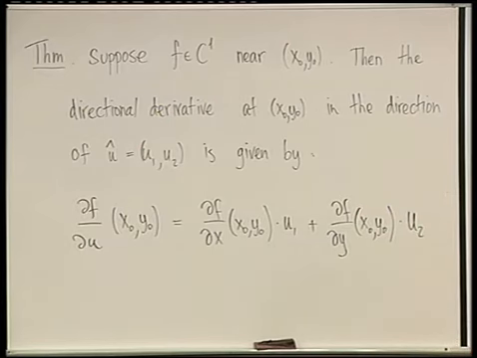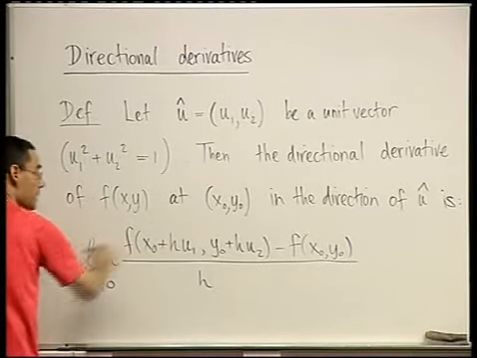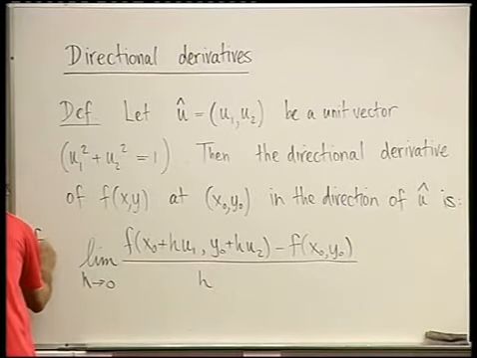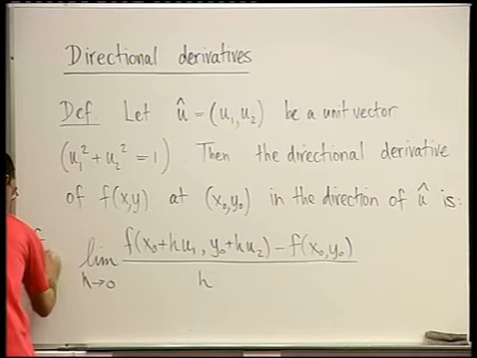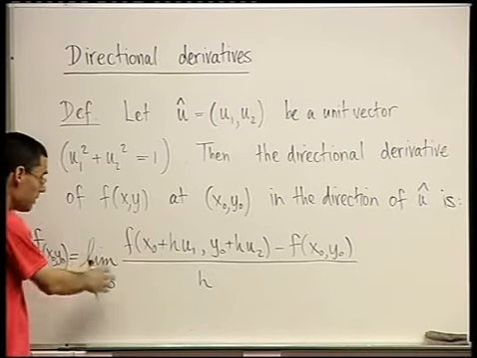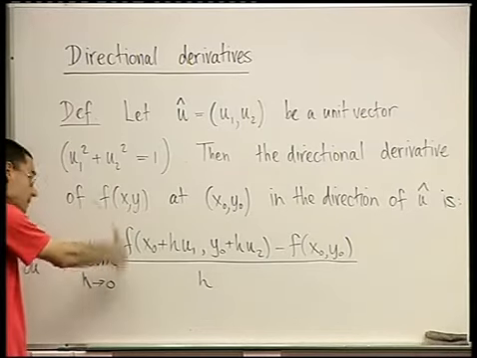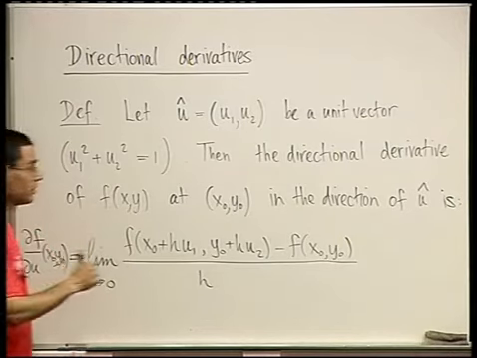Okay? So before we prove this, I want to go back to this board where we wrote the definition and add that this limit is denoted df to du at the point x0, y0. And of course, the limit doesn't necessarily exist. Like with any limit, when it exists, then it's called a directional derivative.